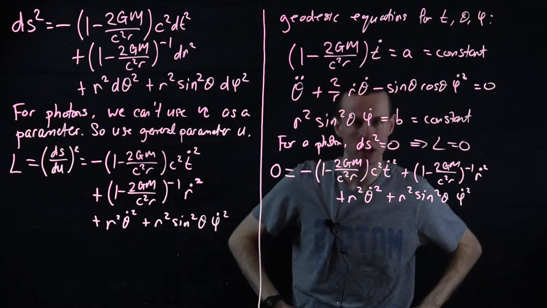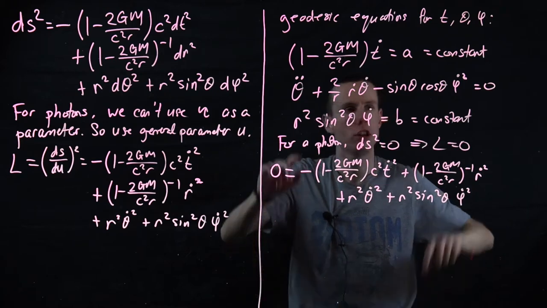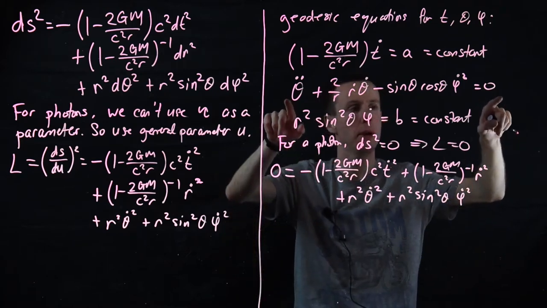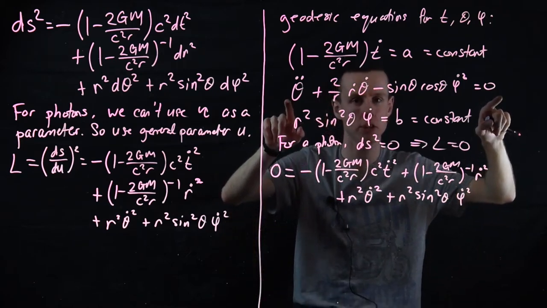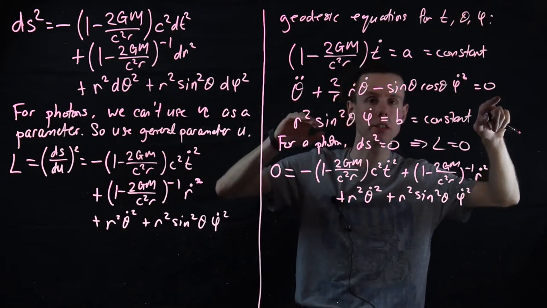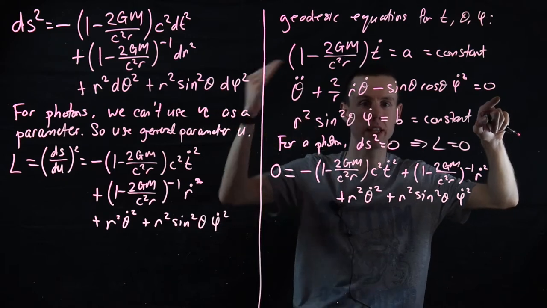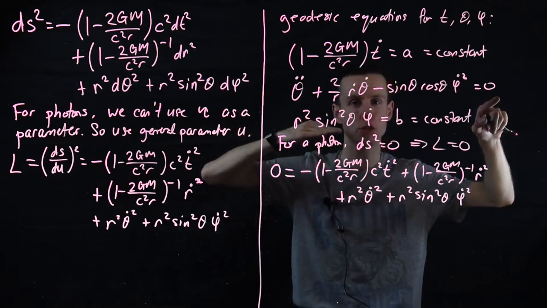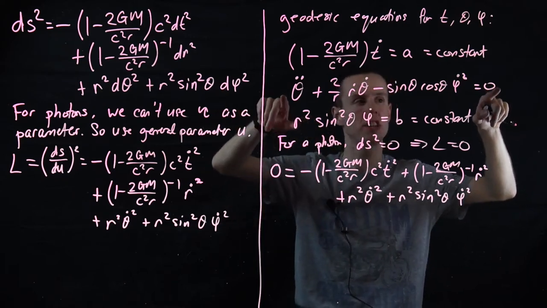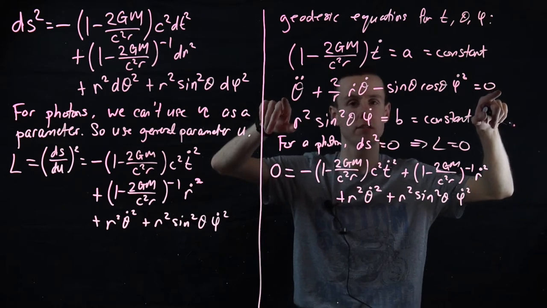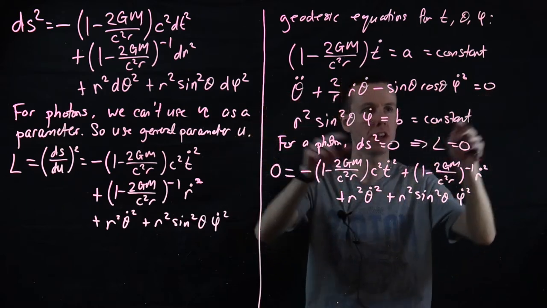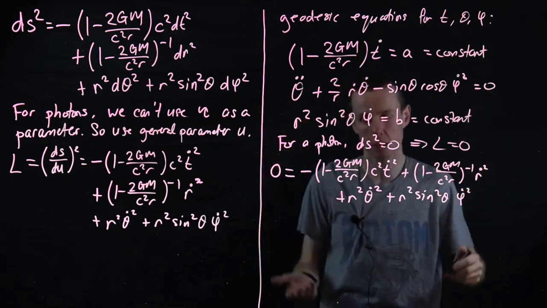Let's combine a couple of steps. Look at this equation, and remember what we did last time for the massive particle. We made the assumption that it starts out in the plane theta equals pi over 2, the equatorial plane. And we showed that if it starts there, because of this equation, it has to stay there. We can make the same assumption here for the photon, because it's the same geodesic equation for theta.